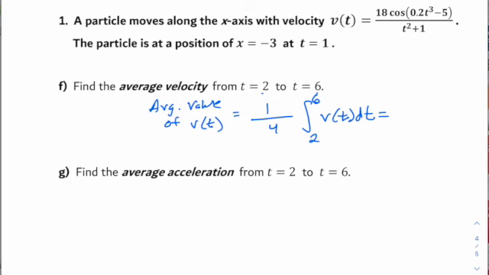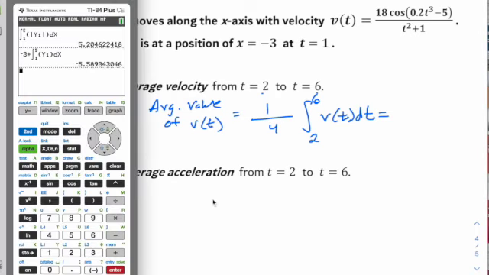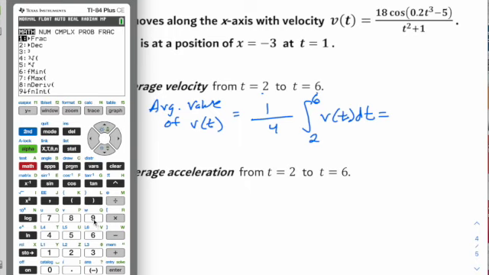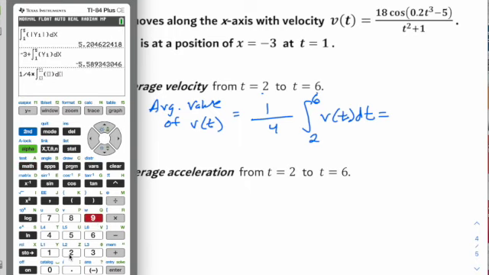So bringing the calculator back, because I certainly don't feel like doing this, and 1/4 or 0.25 times that definite integral. So math 9 from 2 to 6, alpha trace y1 with respect to x, and here we go.